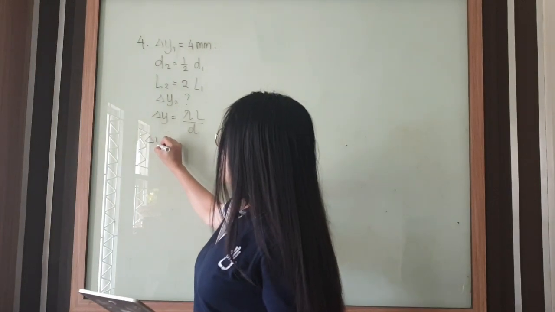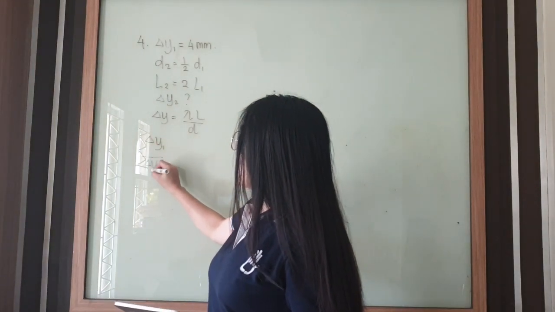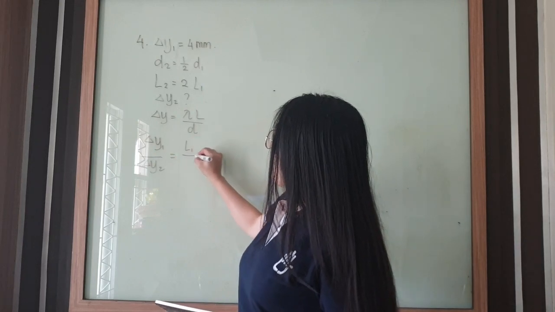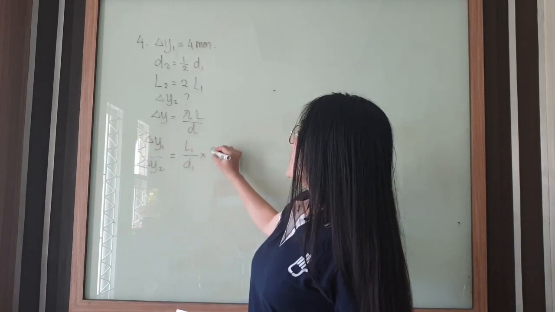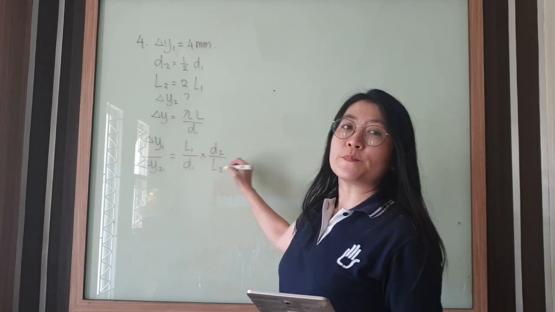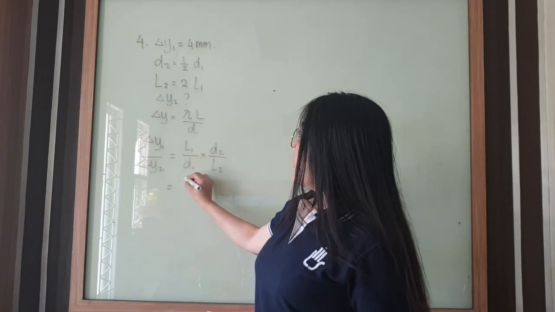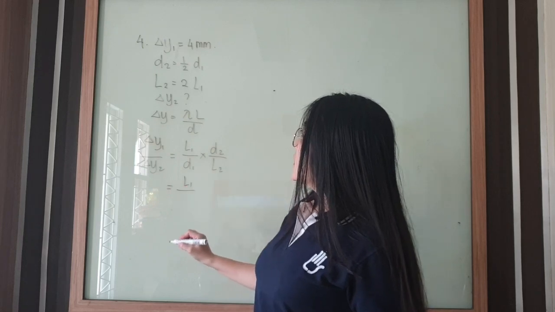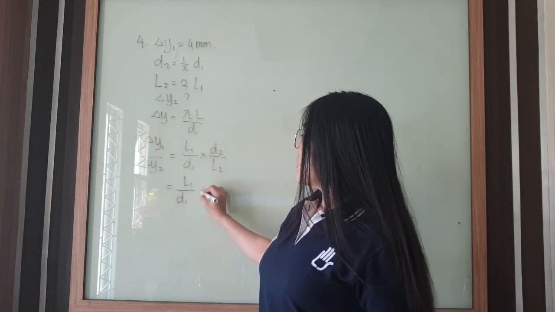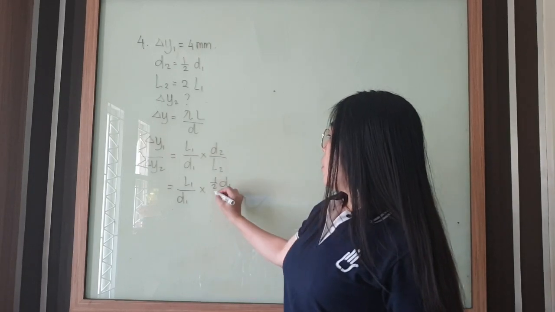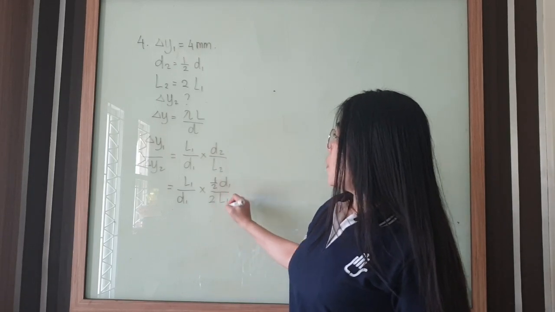So delta y1 over delta y2 is equal to L1 over D1 multiplied by D2 over L2. This is L1 over D1 multiplied by a half D1 over twice L1.